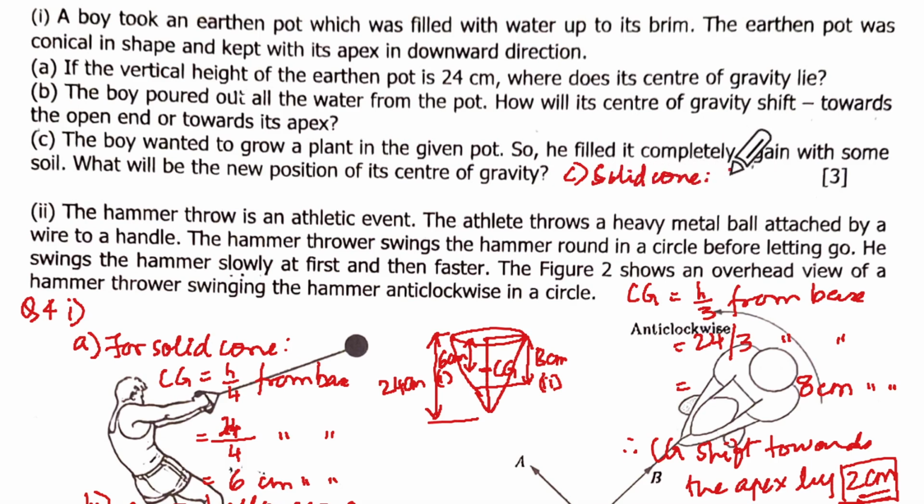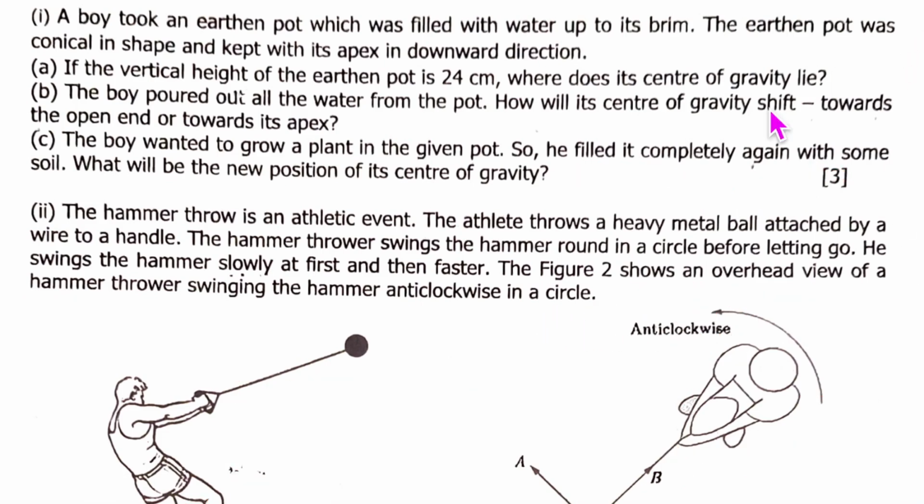Solid cone, and therefore center of gravity is 6 centimeter from base. So now if they ask you where it will shift, it will shift towards the base by 2 centimeters. Okay.